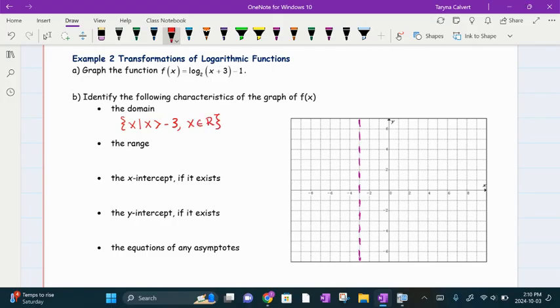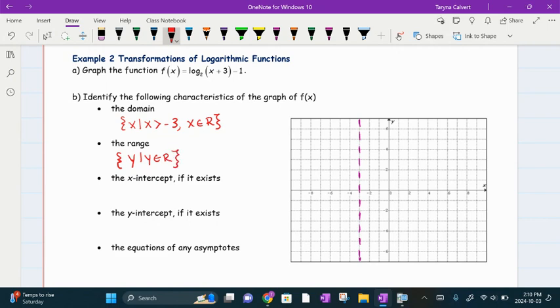And you could write -3 to where, if you wrote the other notation? To infinity, what kind of brackets would they both have? Rounded, yes. Okay, what's the range? Perfect. Why? Because is it going to approach the asymptote and still go up? Yes. So y is an element of all reals.